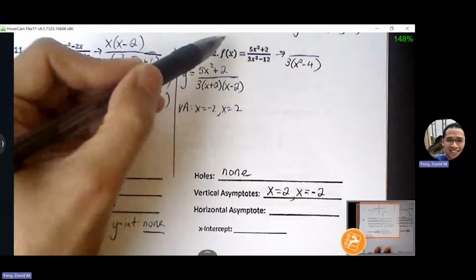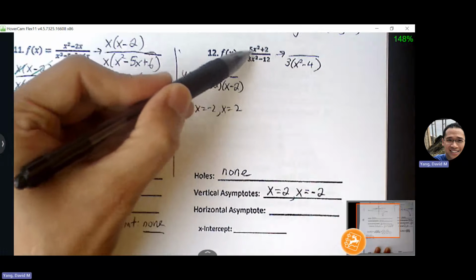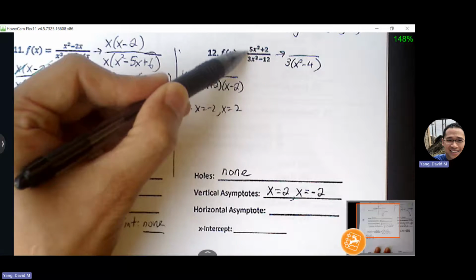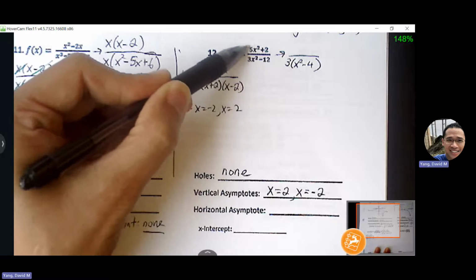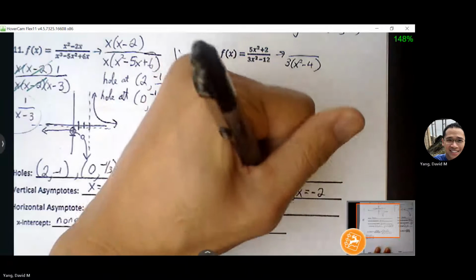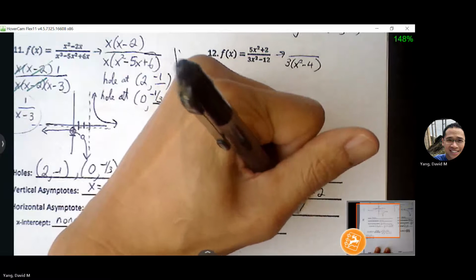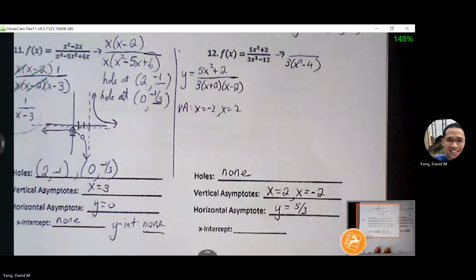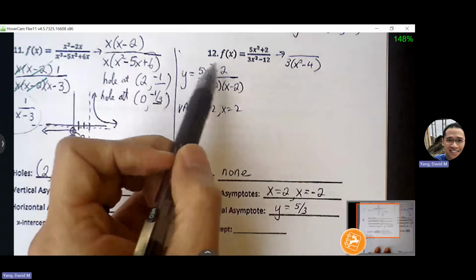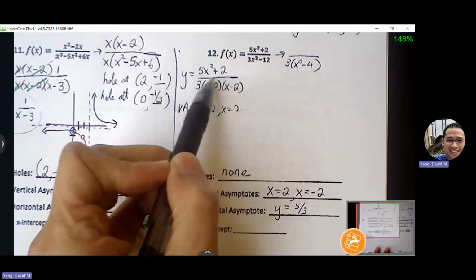Horizontal asymptote, you go back to your original equation. The degrees match, so we just pick off the fractional value between those two numbers. X-intercept. We would try to find the x-intercept by setting the numerator equal to 0.